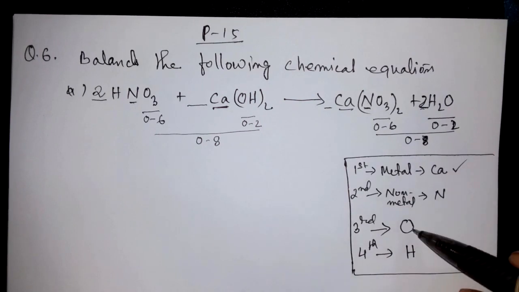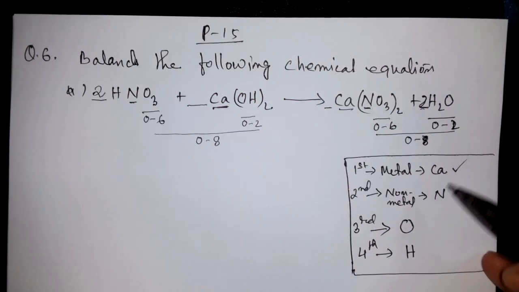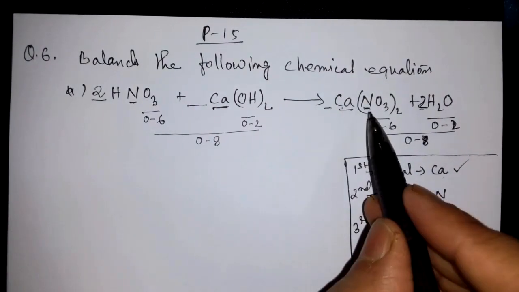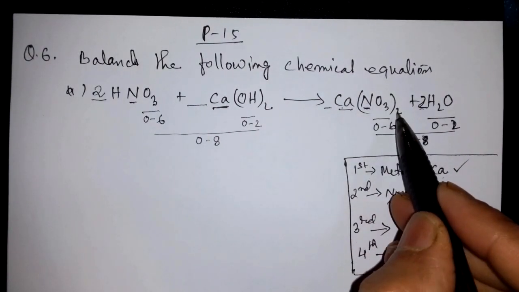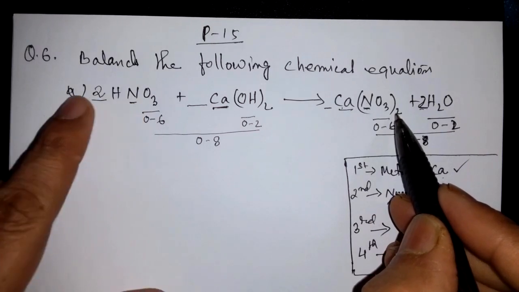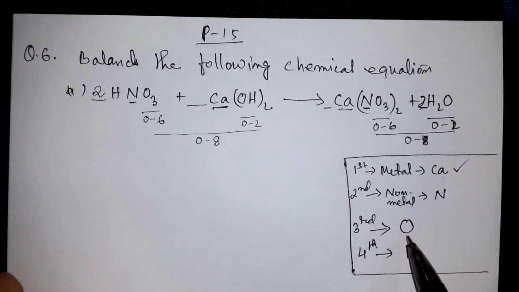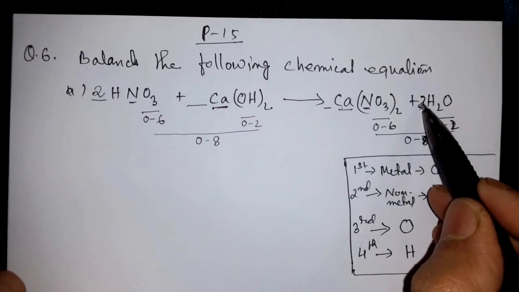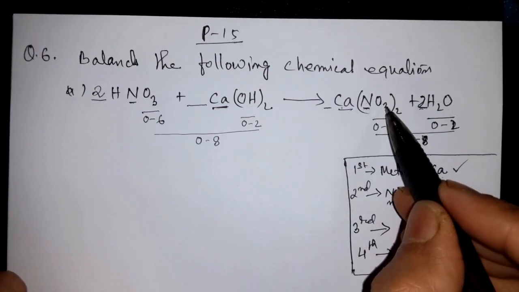Now when you're balancing oxygen, you can just quickly check whether other things are disturbed or not. Calcium, calcium, calcium, 1 1, fine. Nitrogen, this nitrogen is 2, and this nitrogen is also 2, fine. Oxygen, just now we balanced, we can recheck. This oxygen is 2, and this oxygen is 3 into 2, 6.